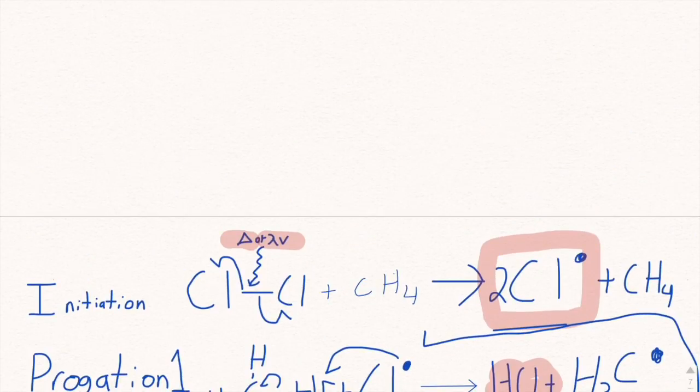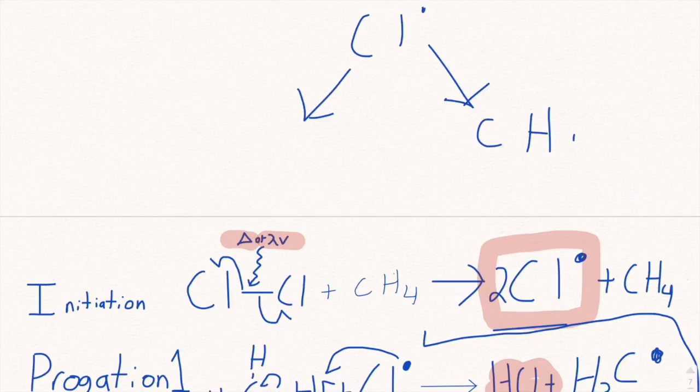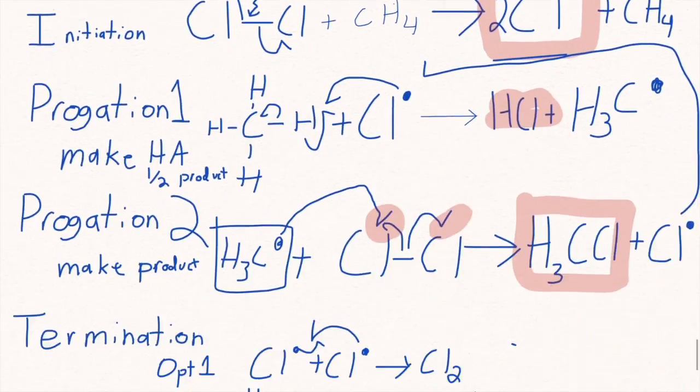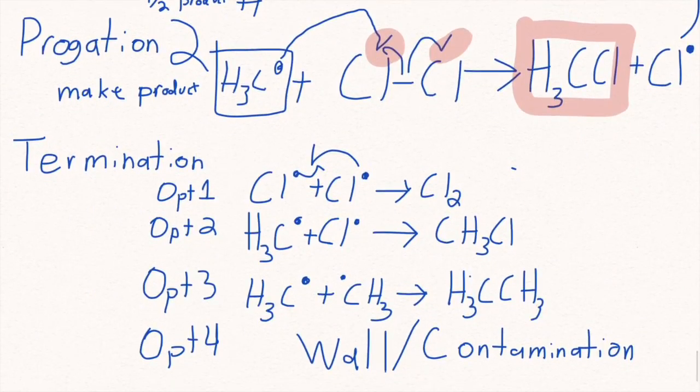So we can technically react this with 2 methanes and get 2 reactions going. And if you do that, sorry for the ugly arrows, I'm not going to go any further down than that. Just know you're basically going through 1 and 2 with both of them.